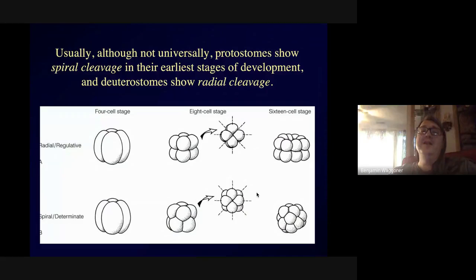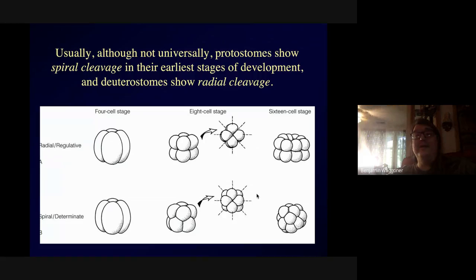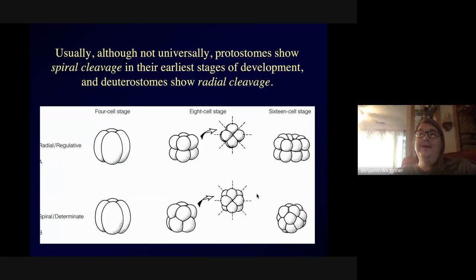It's not universal, but usually protostomes show a type of cell division in those very earliest stages that's called spiral cleavage. That's shown on the bottom. You have a cell, and it divides into 2 cells. And then when it divides into 4 cells, the division plane is at right angles to the first division plane.